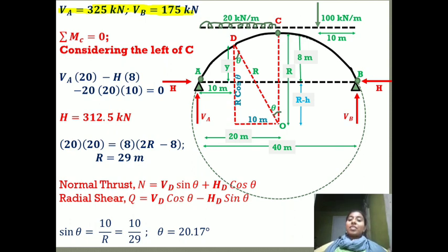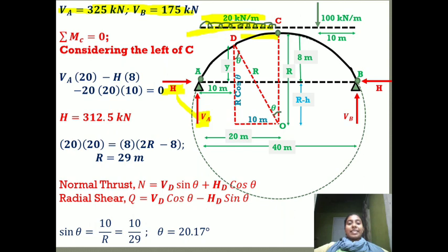So here I have taken the left of C. You can take the right of C also, you will get the same answer. So considering the left of C, it is VA into 20 minus H into 8, anti-clockwise, that is why minus H into 8. Again this is an anti-clockwise load, so minus 20 into 10, equal to 0.